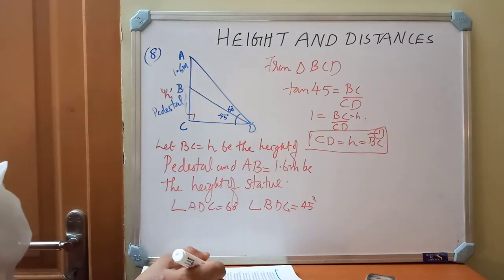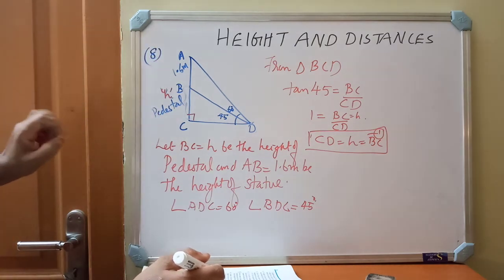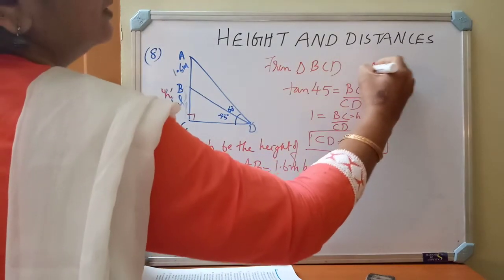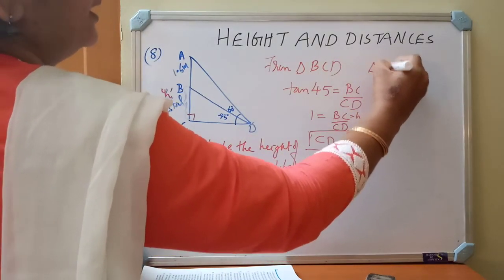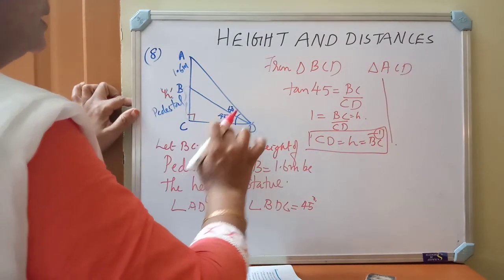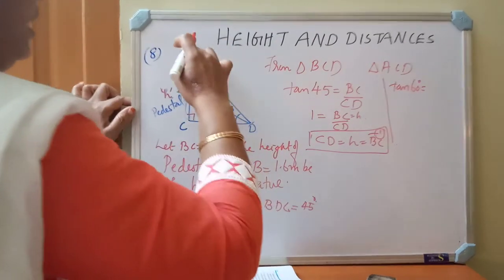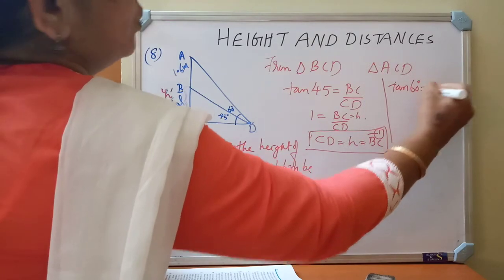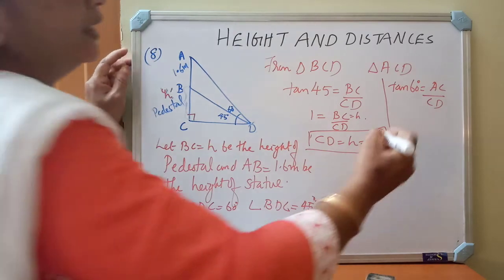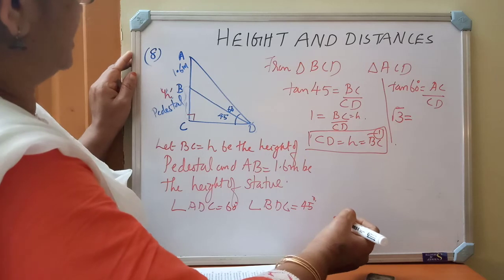Next you see. Again consider right triangle ACD. How can you apply? Tan 60 is equal to AC divided by CD. Tan 60, what is the value, children? Root 3. So root 3 is equal to AC.